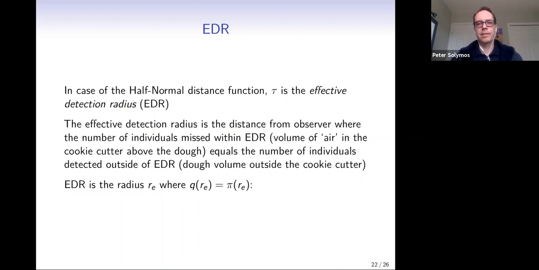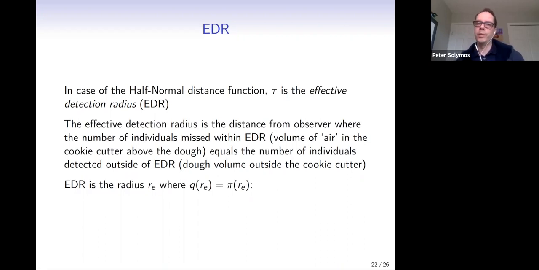Then that gives us a way to calculate the effective detection area. So in case when the sampling area is unknown because we are using an unlimited distance count, we can still talk about this effective area sampled if we know EDR.